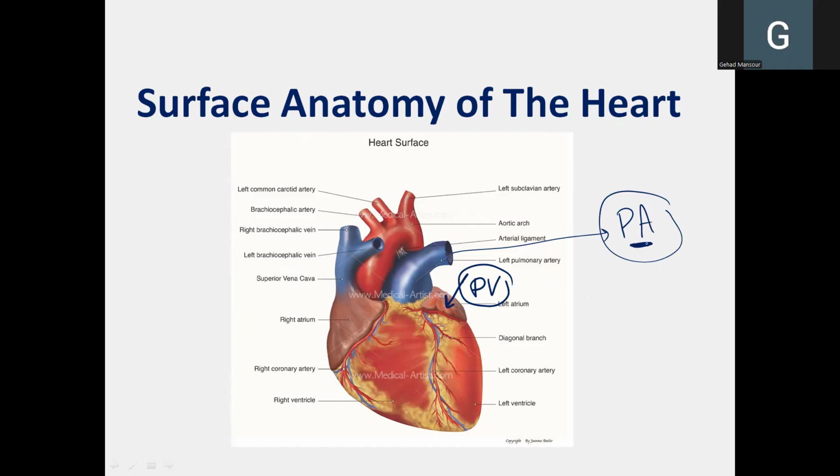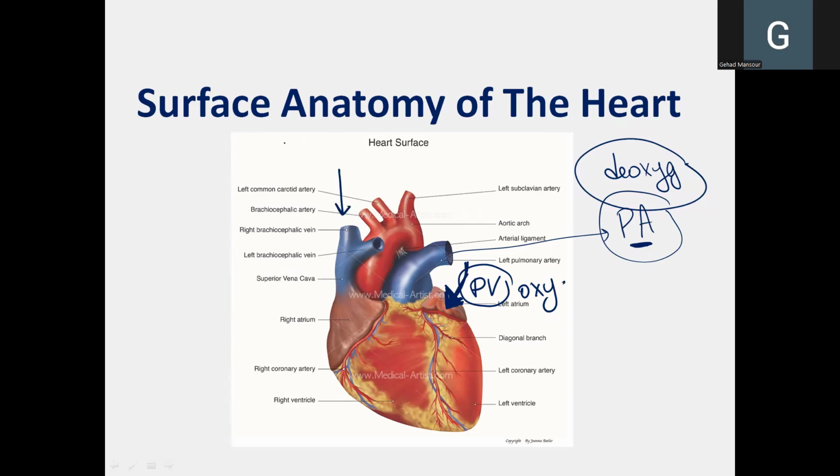So again, the pulmonary arteries are the only arteries that carry deoxygenated blood, and they carry this blood to the lungs to unload it from carbon dioxide and load it with oxygen. And the pulmonary veins are called veins because they carry blood from an organ to the heart, and they carry oxygenated blood.